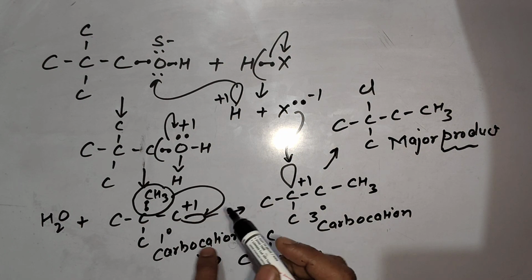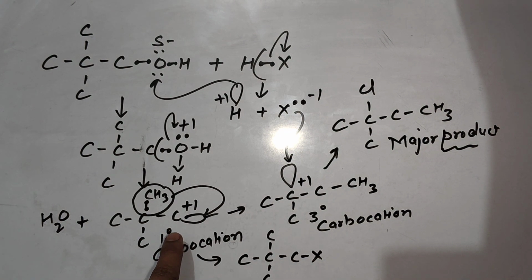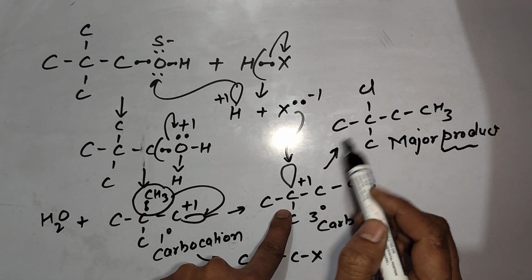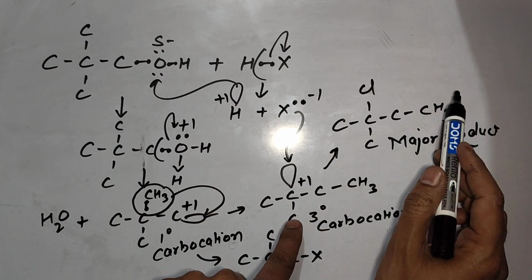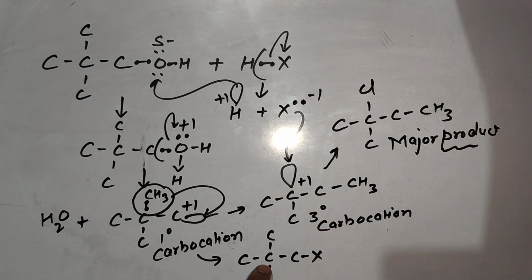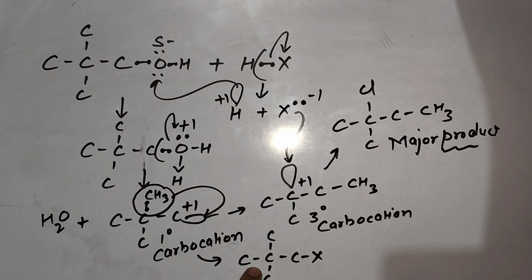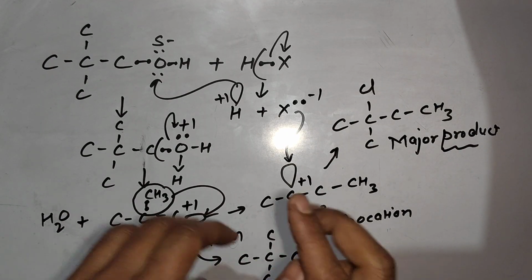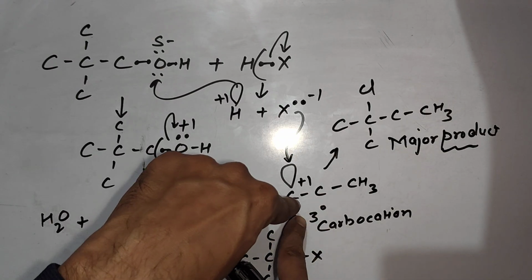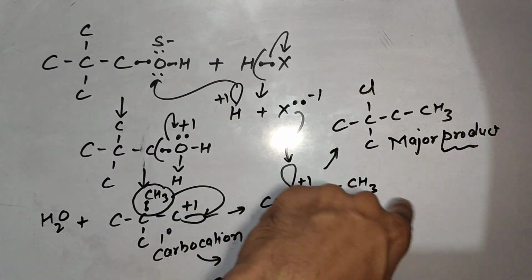But due to rearrangement of the 1 degree carbocation to a better carbocation, X is going to attack on this carbon, the major product. This is the unexpected product, and this was the expected product. So here the expected product will be minor, meaning very few particles are going to perform this reaction through the 1 degree carbocation. But a major amount of particles will convert themselves to the 3 degree carbocation, and a major amount of product will be this one.